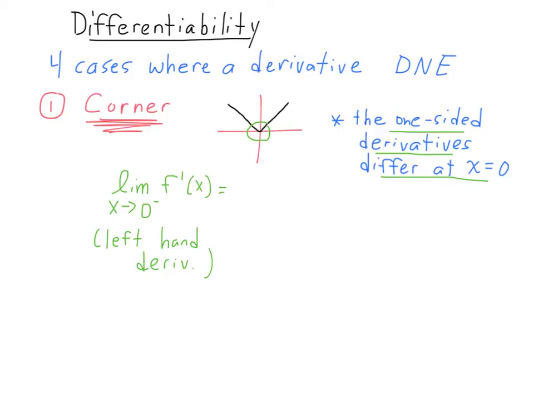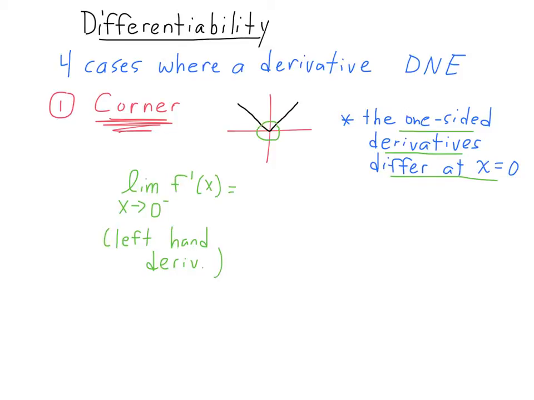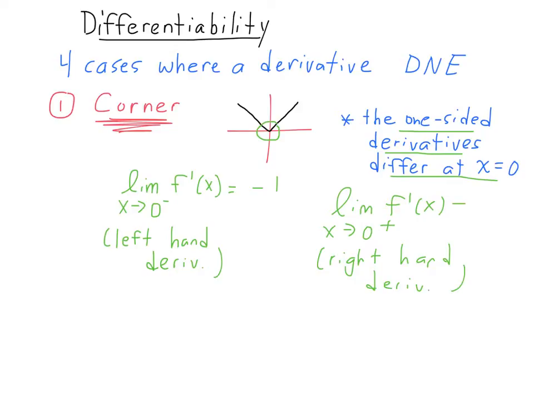Sorry about that. Suppose we're talking about the left-hand side as x approaches 0 from the left. Well, if we're talking about the absolute value function, then our slope would be -1. And if we were to look at it from the other side, the limit of our derivative as x approaches 0 from the right, and this is known as our right-hand derivative, this would be +1 because you can see the slope there is 1.